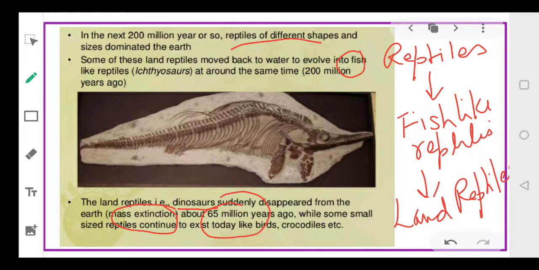So reptiles were formed, some reptiles shifted back to water and formed fish-like reptiles, and some remained on the land and were called land reptiles. The very first in them was the dinosaurs, and suddenly they became extinct, and there was mass extinction. How it happened, nobody has any idea. Clear?